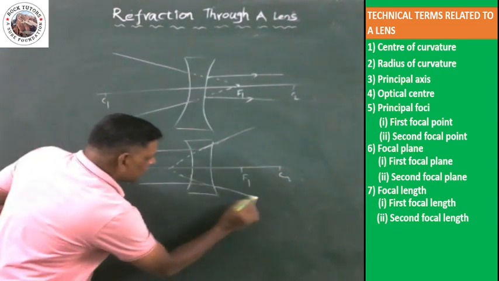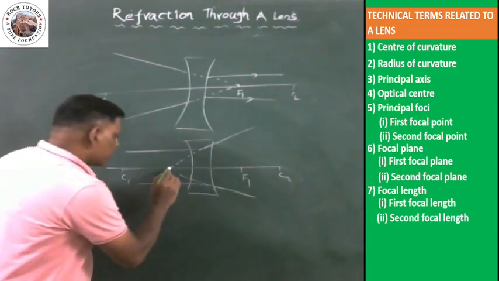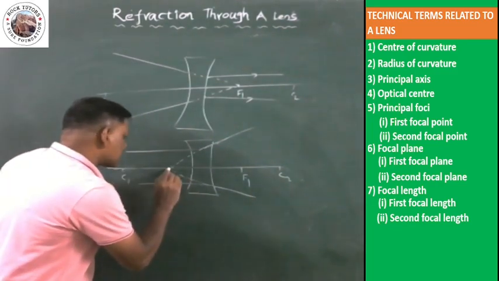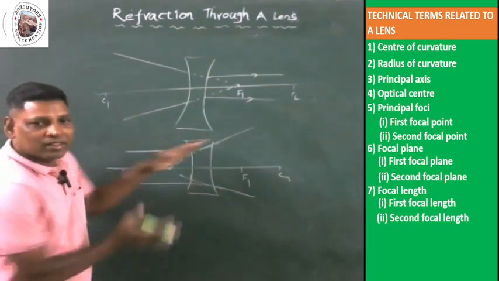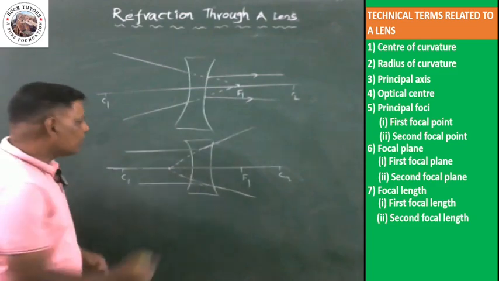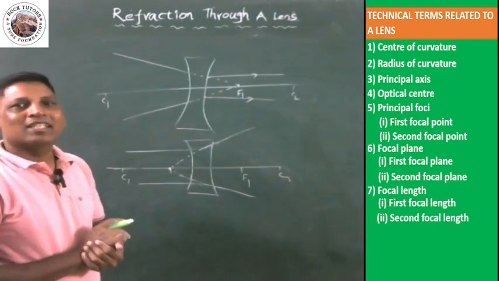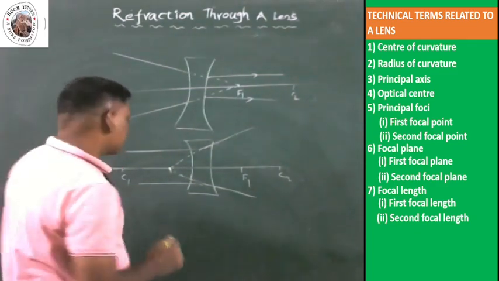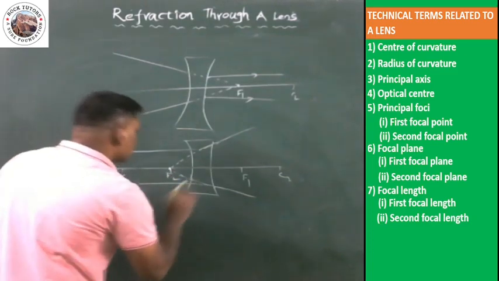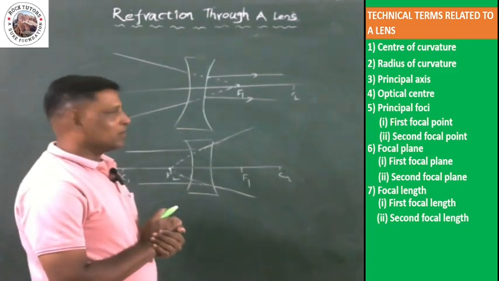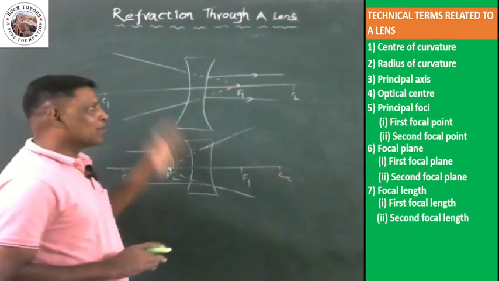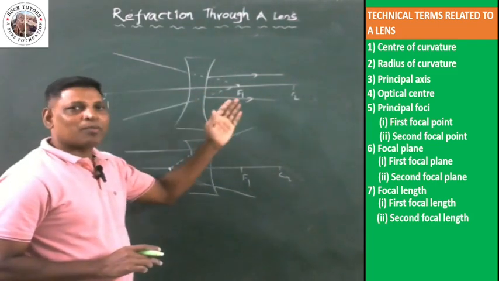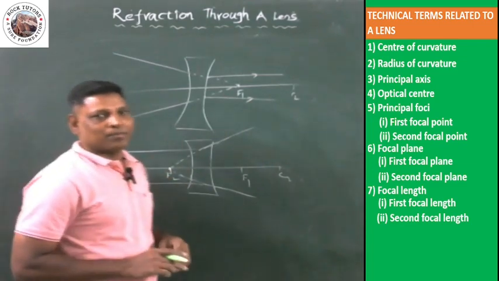So this point is called the second focal point, F2. So here is the meaning of the first focal point and second focal point.